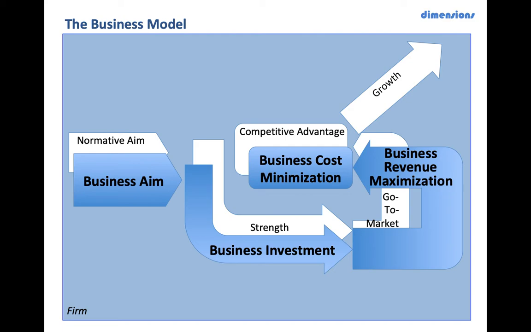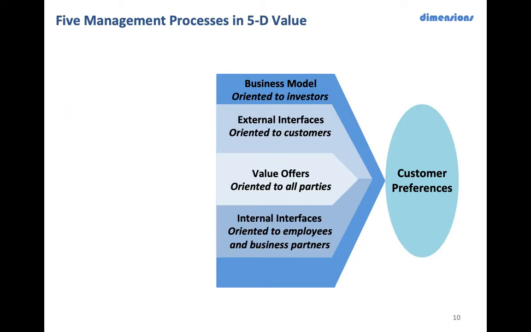The business model ensures that the way the firm generates the competitive advantage is also the way the firm minimizes costs. The business strategy process formulates the strategic initiatives for the firm to profitably grow, thereby defining the growth path of the firm. The fourth process manages the interests of investors, ensuring the viability of different business areas.